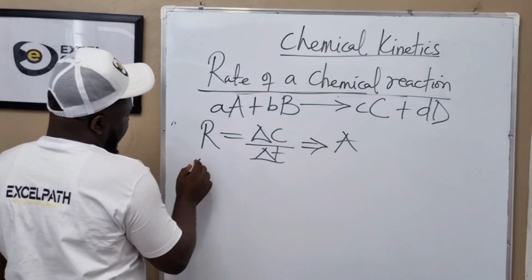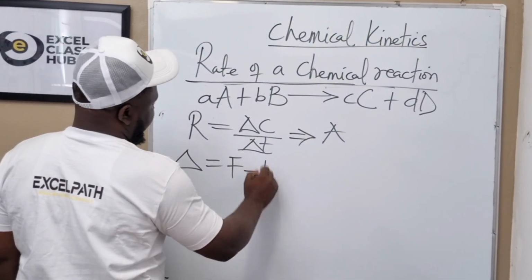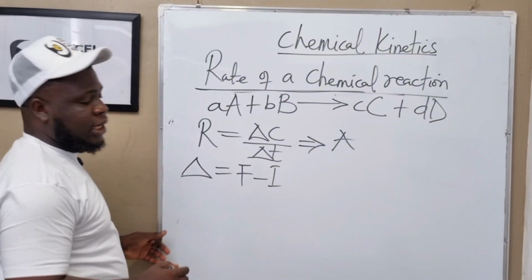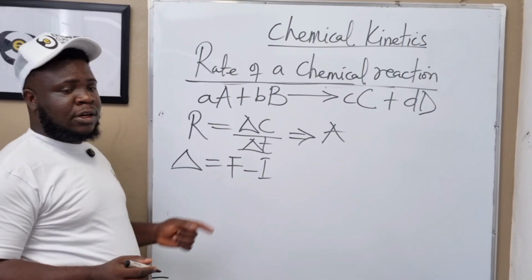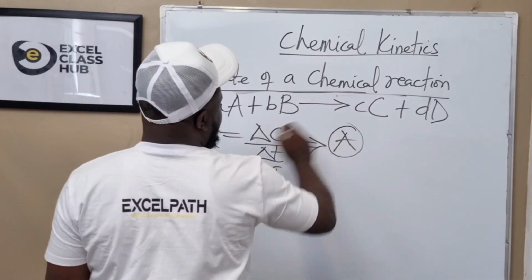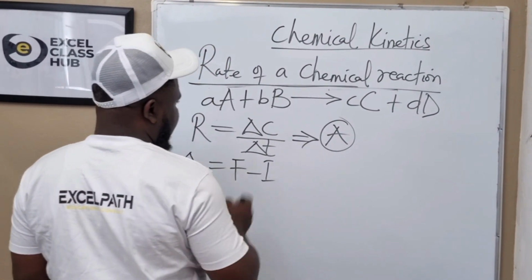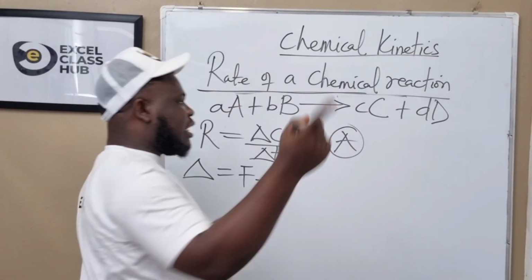Recall that anything that is called change is always final minus initial. So when we say something is change, that is final minus initial. Since we are considering reactant A here, recall that the concentration of reactants normally decreases with time.